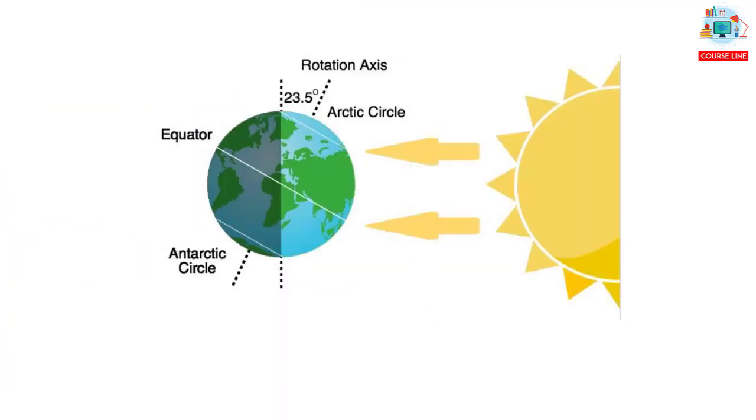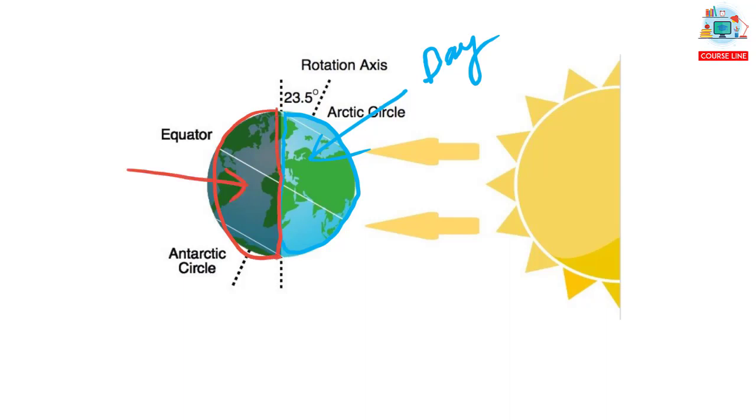The portion which is getting illuminated, here we will have daytime, and the portion which is in darkness, this one will have night, because it is in darkness, it is not getting the light of the sun.